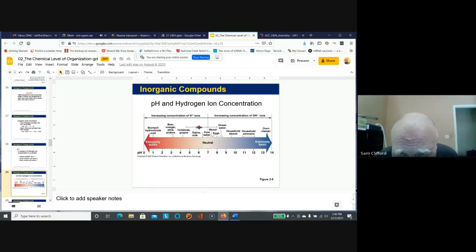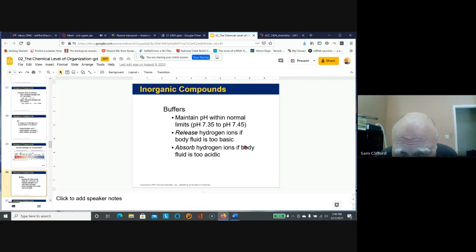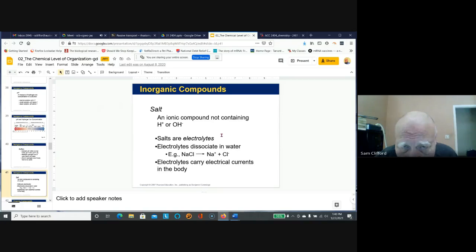Urine is a weak acid; saliva, vinegar, extremely acidic, so up at these high levels. Buffers maintain the pH. They release hydrogen when the fluid is too basic. They absorb hydrogen when it's too acidic. Salts are electrolytes. They conduct electricity.